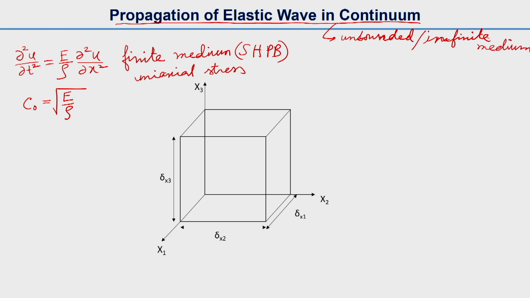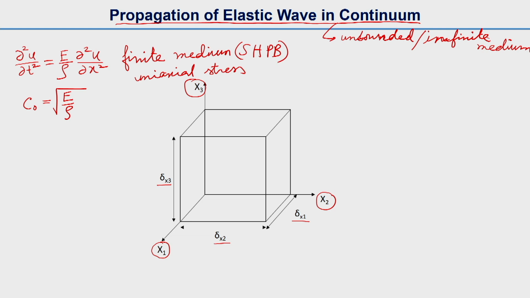So let us consider a body and a unit cube in the body. So this is the cube. We have the coordinate axes x1, x2 and x3. This unit cube has sides of length delta x1, delta x2 and delta x3.